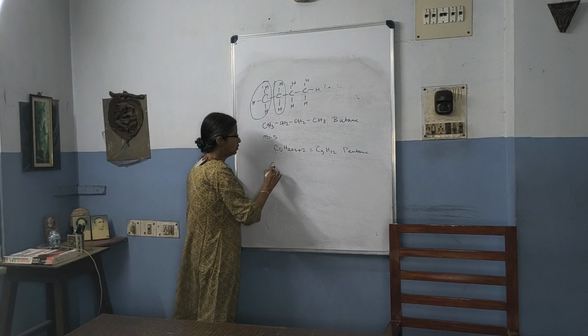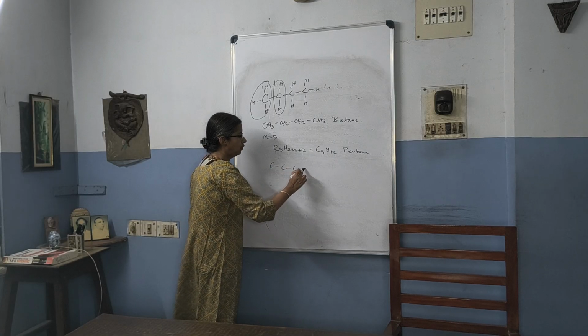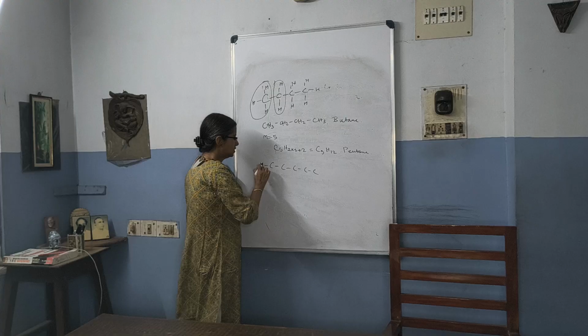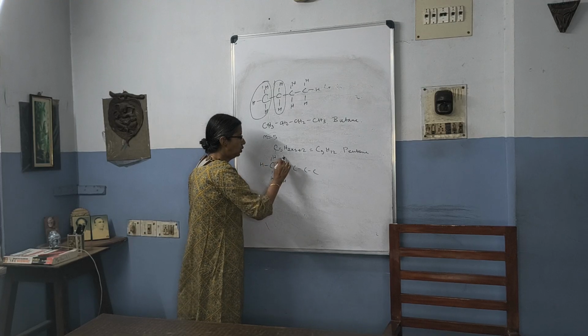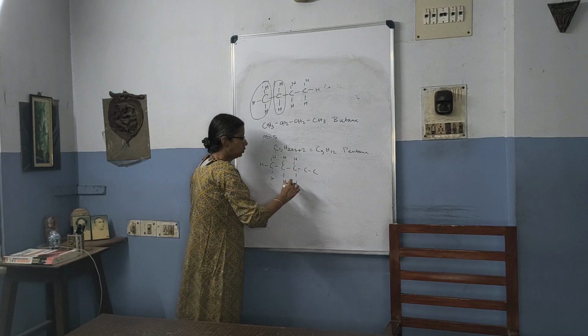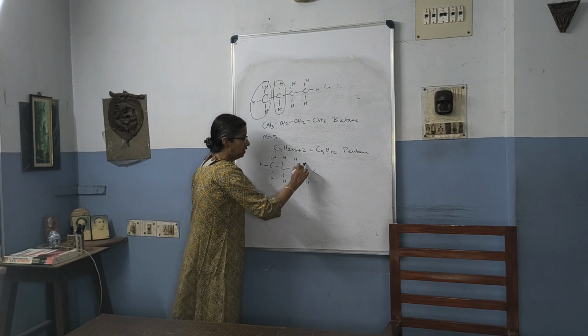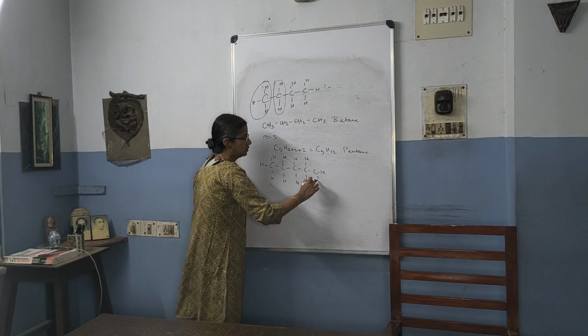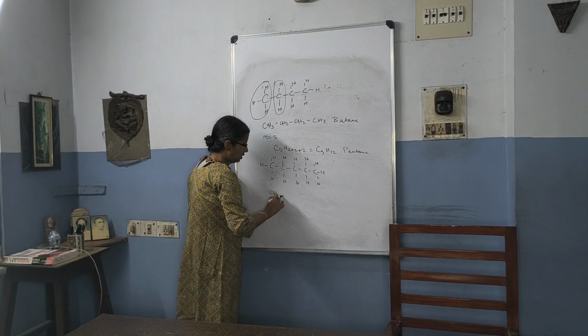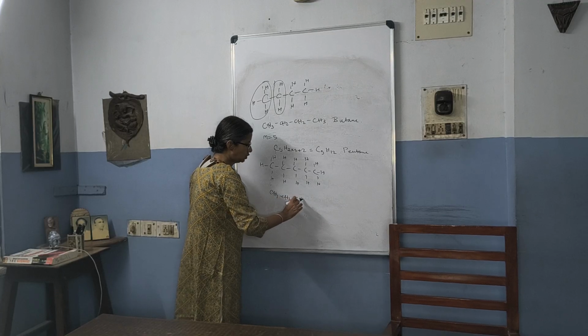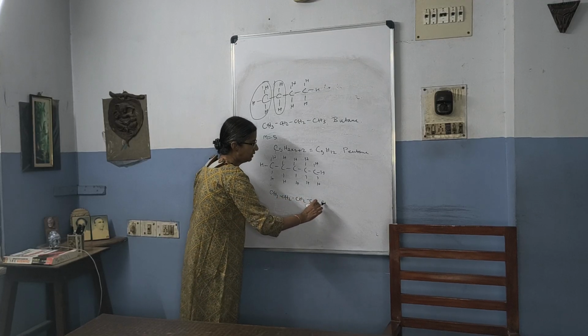For pentane also we will do 1, 2, 3, 4, 5. So it is CH3, CH2, CH2, CH2 and CH3.